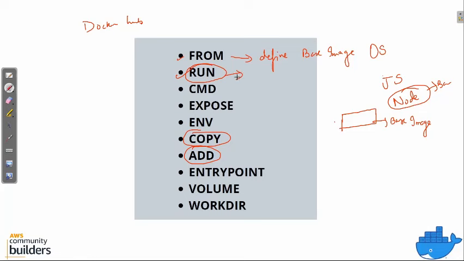I will come back to this RUN command, because everyone gets confused between RUN and CMD. So I'll get back to them. For now, understand that we can have multiple RUN commands, and each will create a new layer in the final image.